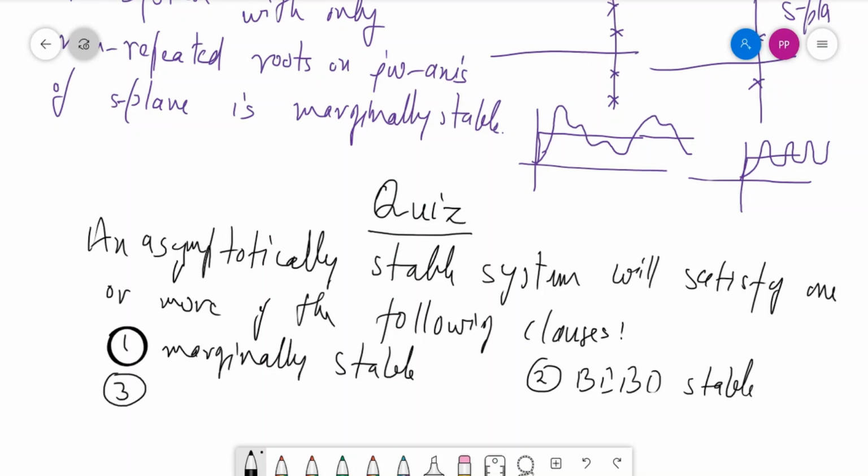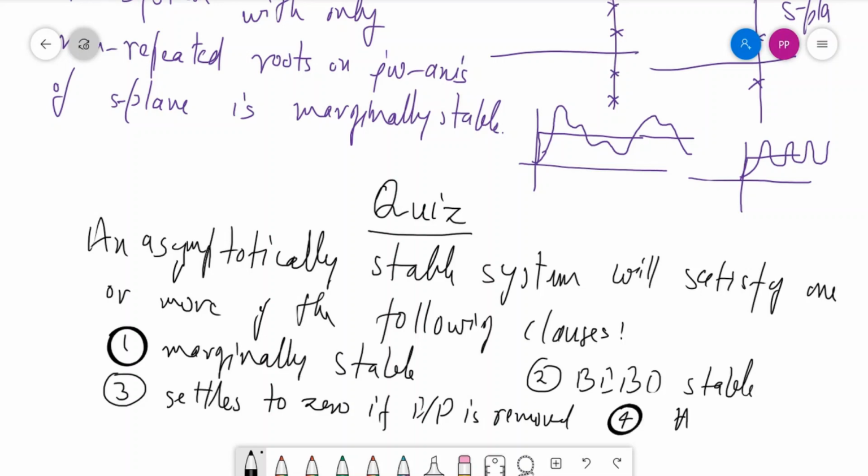Third, settles to 0 if input is removed, and fourth is all of this. The answer to this quiz is hidden within this lecture. If you have followed this lecture carefully, you can answer this, or you can go back to search for the answer to this quiz.